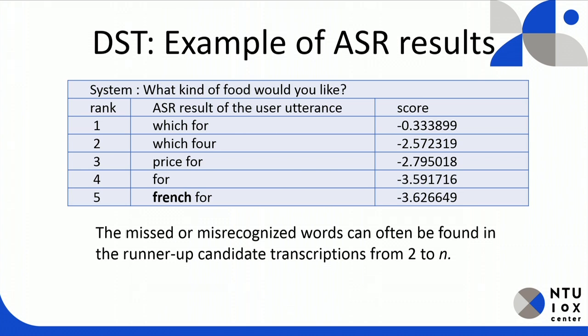But if the DST system can only pick one of the hypotheses, it does not know which one it has to pick. If it simply picks the one with the highest confidence, "which for," then it cannot get the correct result. But until now, there's not a good way to let the DST system pick the best hypothesis, the hypothesis which is most suitable for dialogue state tracking.